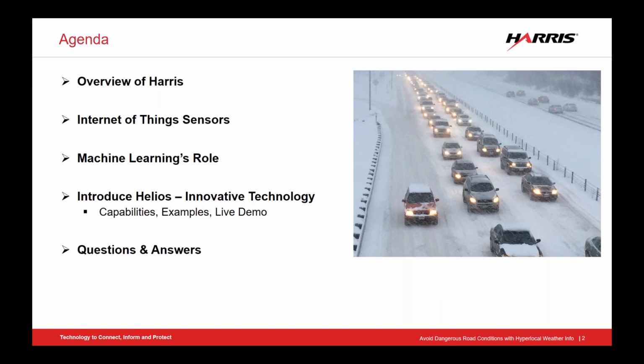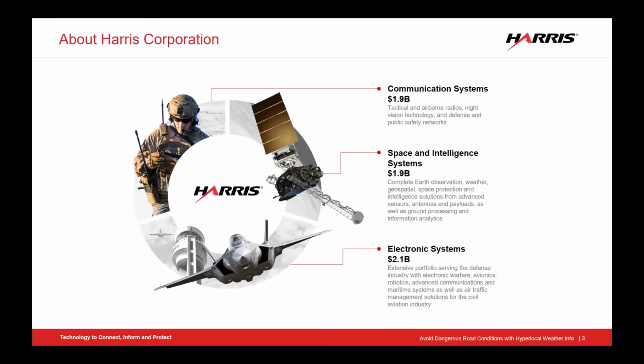And we'll go over some capabilities, examples, and also I'll give you a little feel for a live demonstration of what the technology and the data looks like visualized a bit. And then we'll end with some question and answers, okay? And I'll turn it over to Jody.